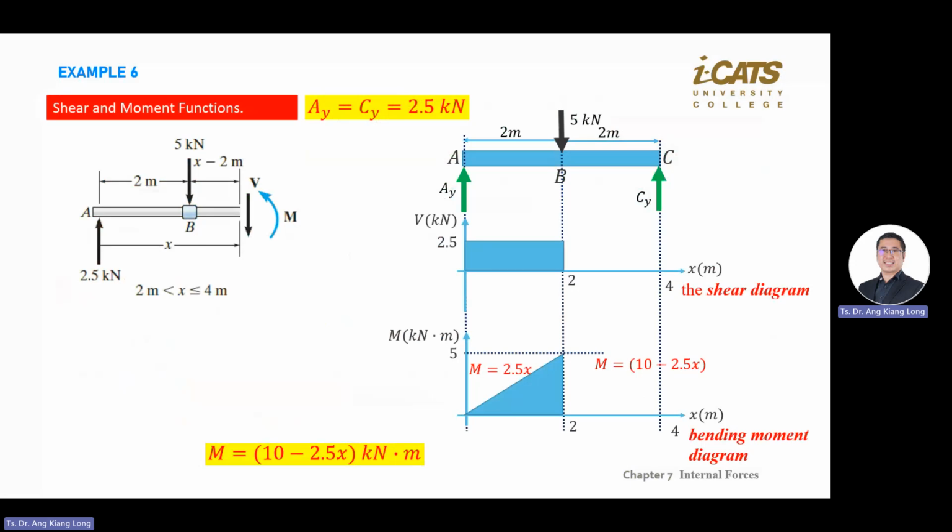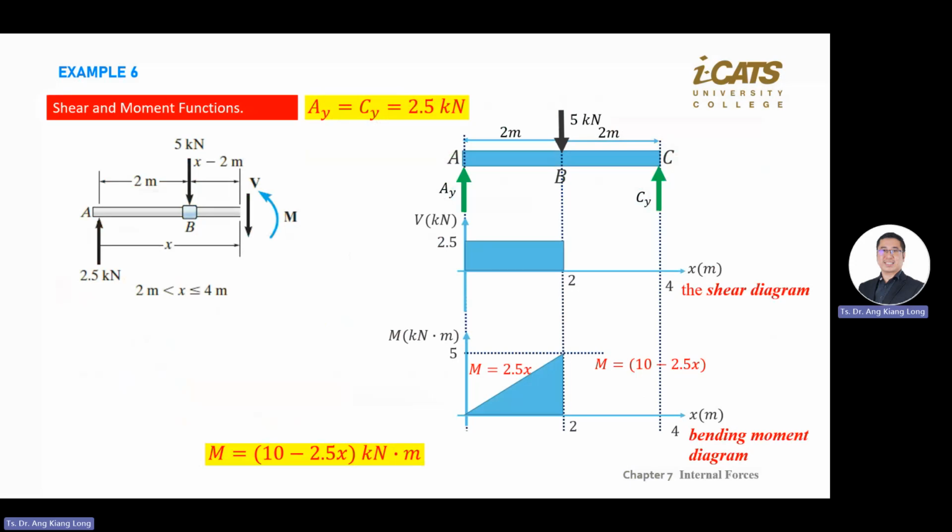We want to jump over. We don't want to confuse ourselves. We want to avoid the effect of the point load. We just take note that there is a point load there, but we want to see what happens after the 2 meter.